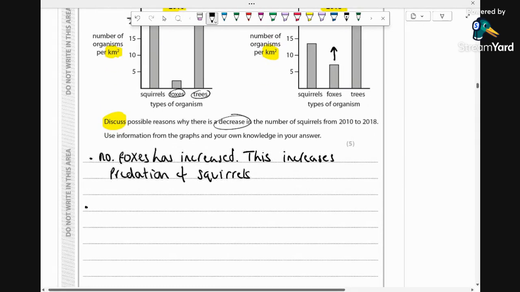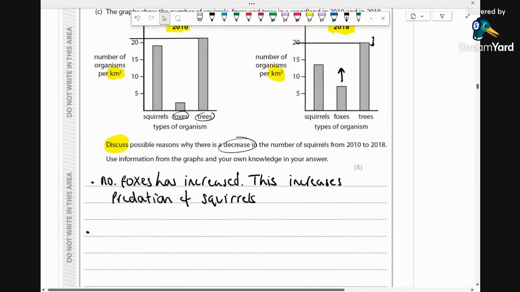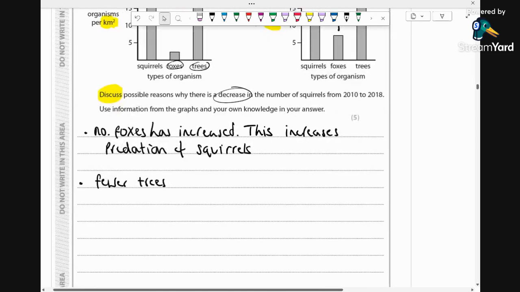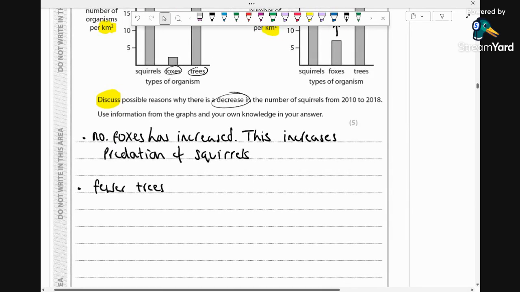The next one that I would say is that there are, of course, fewer trees. And so I would maybe say that this is a habitat for squirrels, so they can climb trees to get away from foxes and that kind of thing.